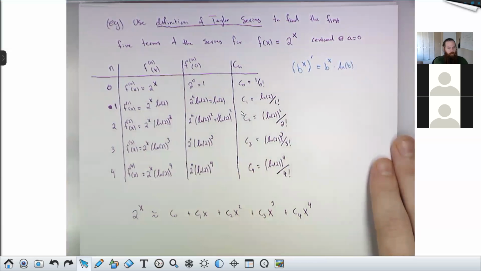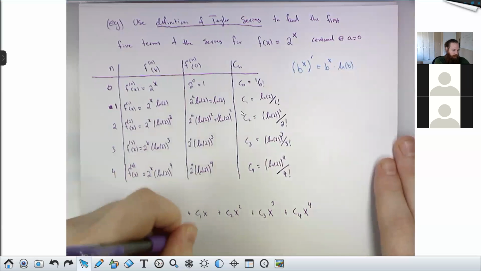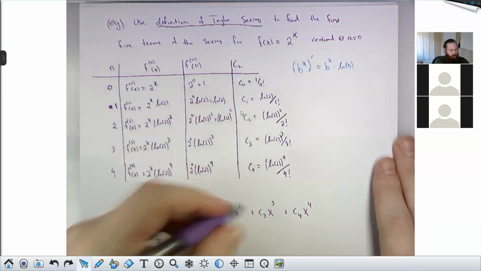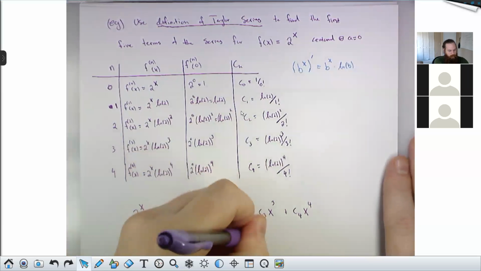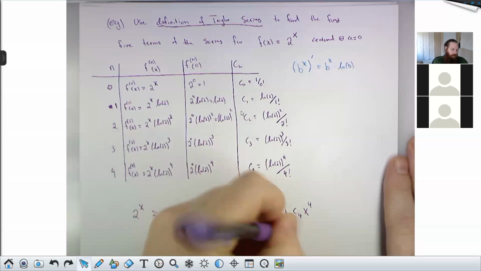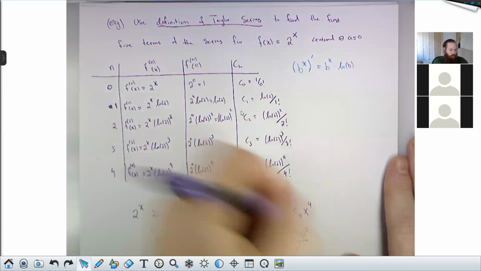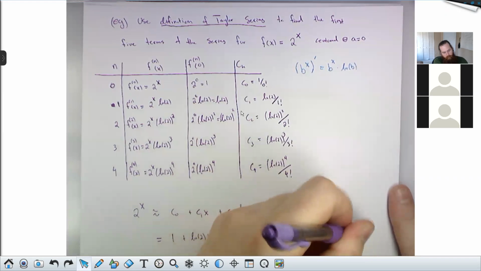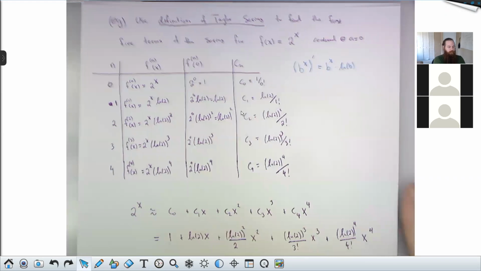These are 1 plus the natural log of 2 times x divided by 1 factorial, plus natural log of 2 squared over 2 factorial times x squared, plus C3 is the natural log of 2 cubed over 3 factorial times x cubed, and then C4 is the natural log of 2 to the 4 over 4 factorial times x to the 4.